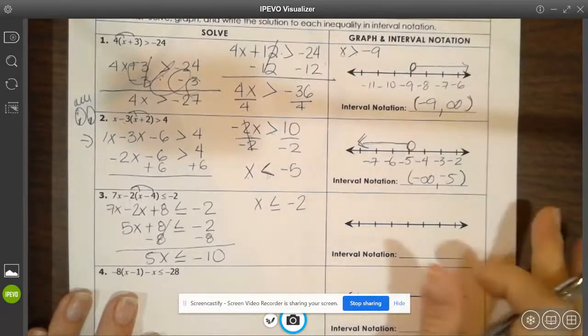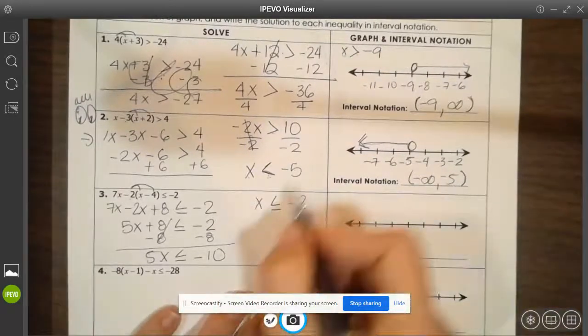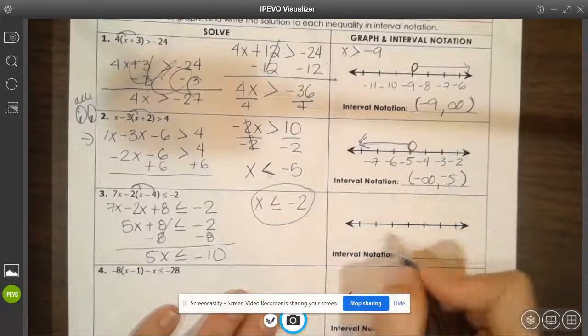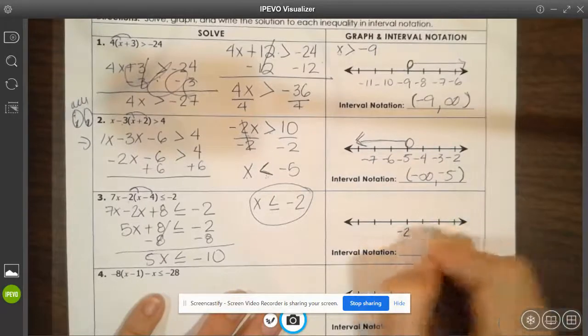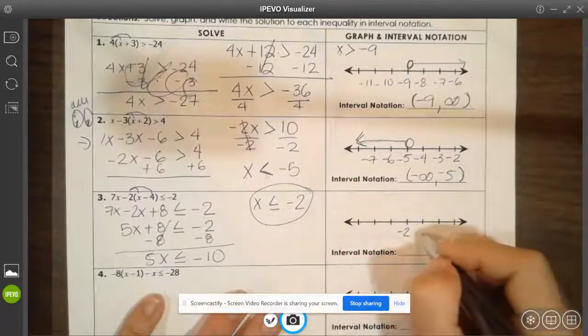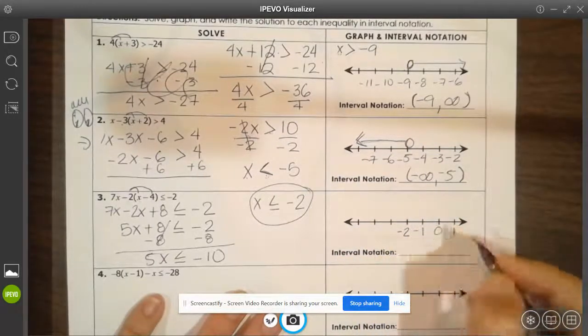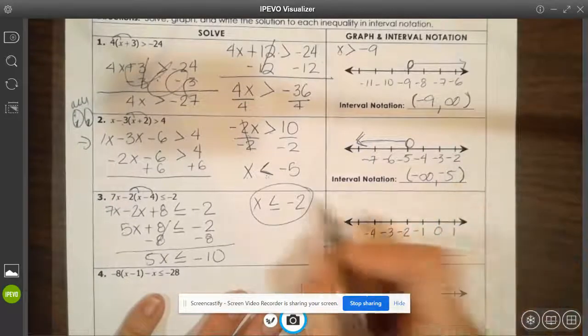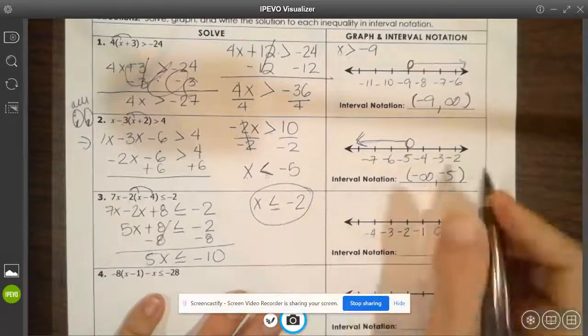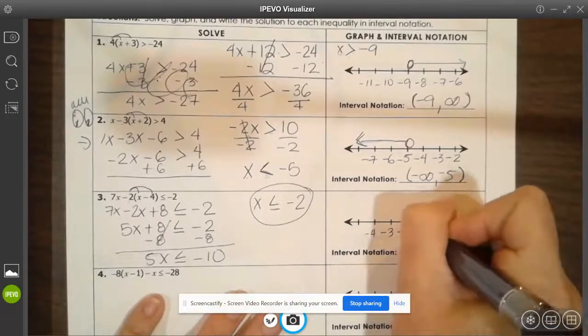All right. So then once I have this, I can go ahead and graph it. So I'm going to make a 2 here. Anything on this side is going to be bigger. So that's negative 1, 0, 1, right? Negative 3, negative 4, and below, right? My circle will be closed right on negative 2.